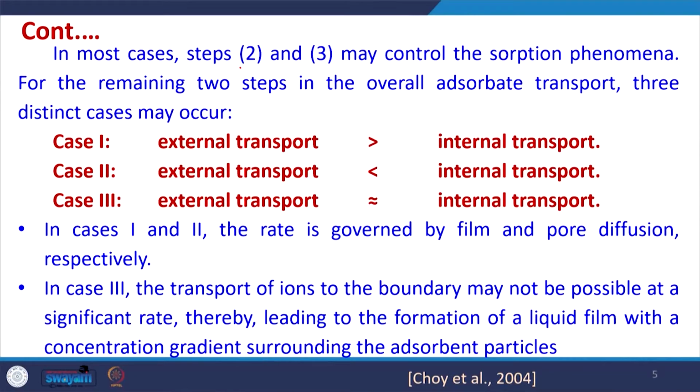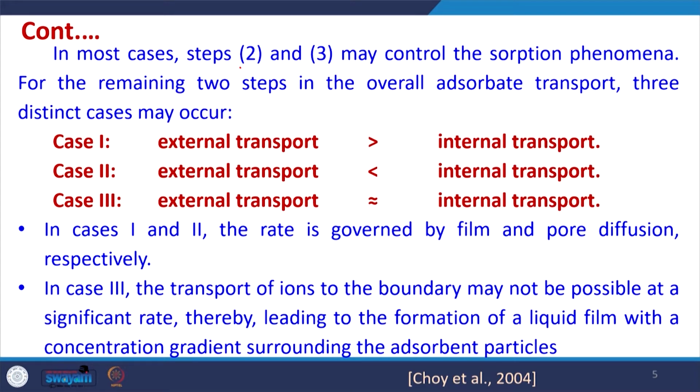Now, in most cases steps second and third, which are film diffusion and pore diffusion, control the sorption phenomena. So, there are different possibilities with respect to these two diffusions. In the case when the external transport is faster, that means the film diffusion is faster as compared to the pore diffusion.